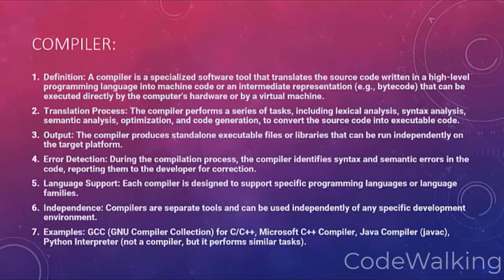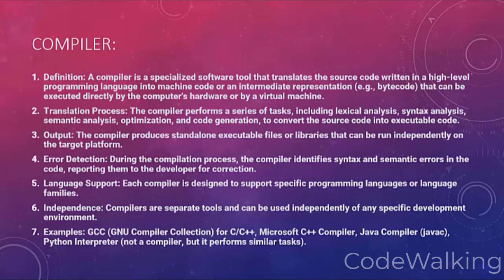Translation process: the compiler performs a series of tasks including lexical analysis, syntax analysis, semantic analysis, optimization, and code generation, to convert the source code into executable code. The compiler produces standalone executable files or libraries that can run independently on the target platform.